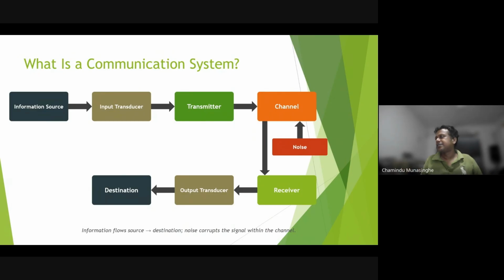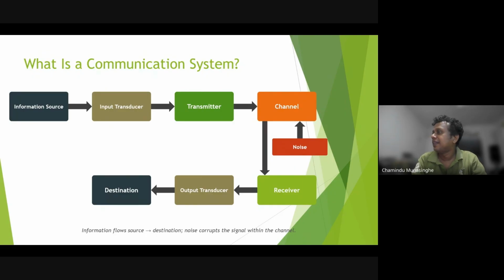Okay, so what is a communication system? Now we are talking about radio theory and communication. Essentially, we need to take data from one point to another point. In the case of radio communication or electronic communication, we have an information source. It can be my speech, an image in front of a video camera or a still camera, or the stuff I type on a keyboard.